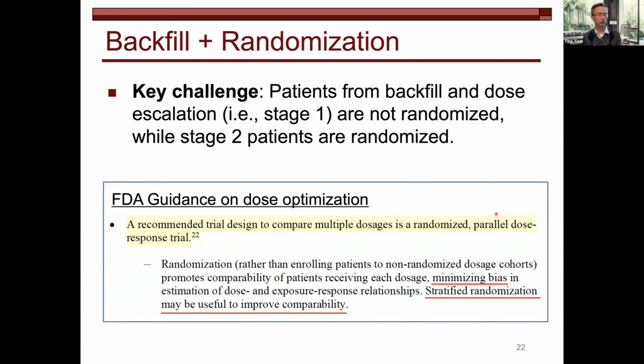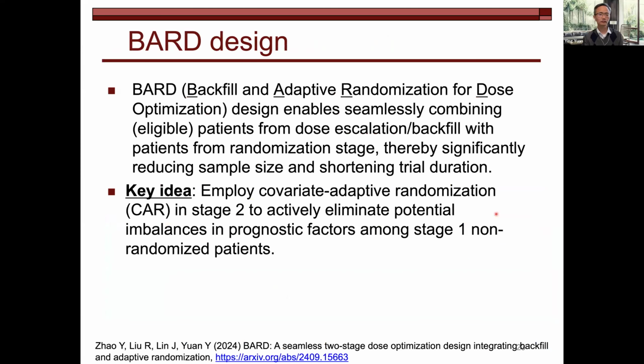Even so, if we do simple randomization, it will still end up with a lot of imbalance. So the guidance specifically talks about how we can leverage stratified randomization, putting the important prognostic factors under control.